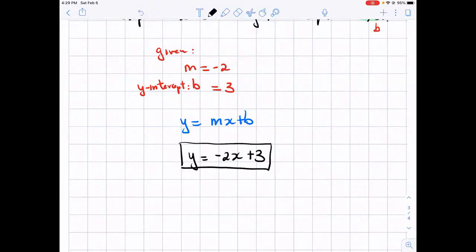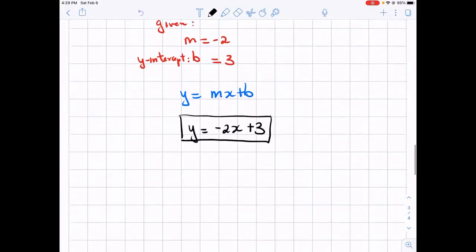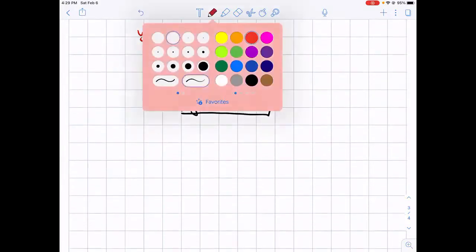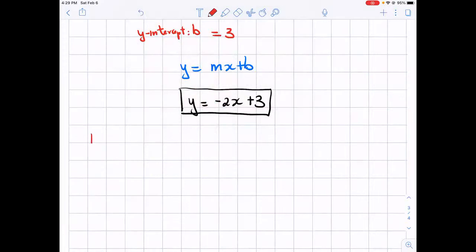Now, there is also another form in which an equation of a line can be written. And now we will look at what is called the point-slope form.